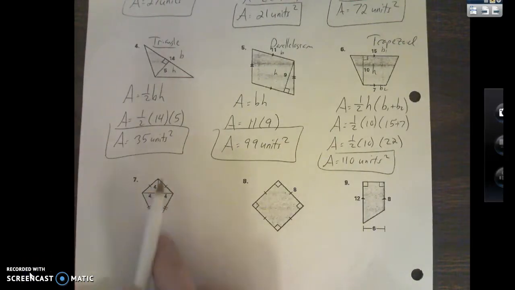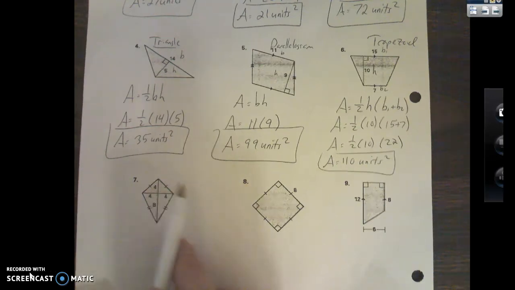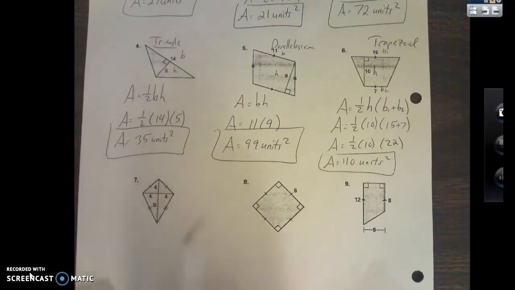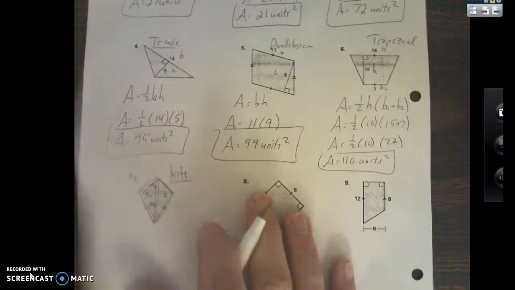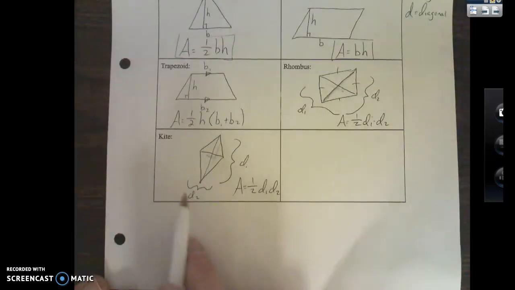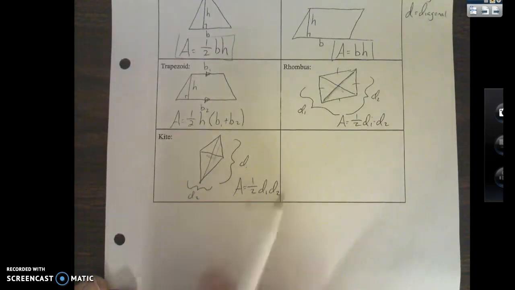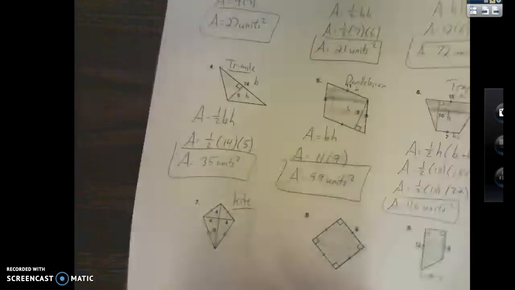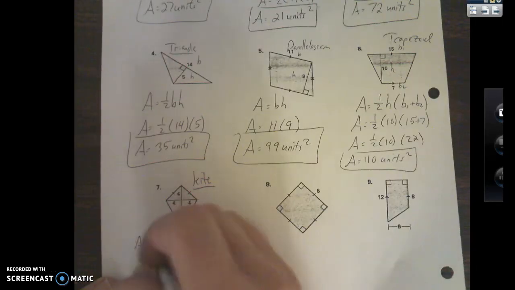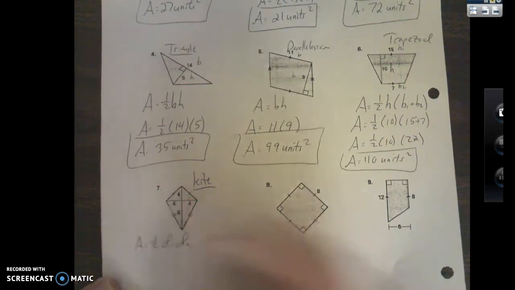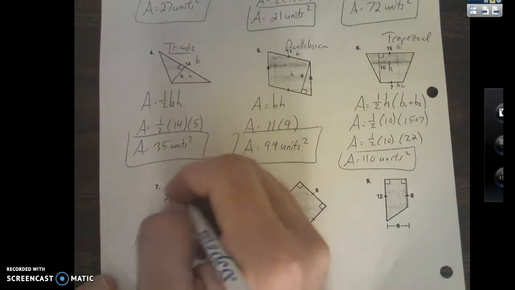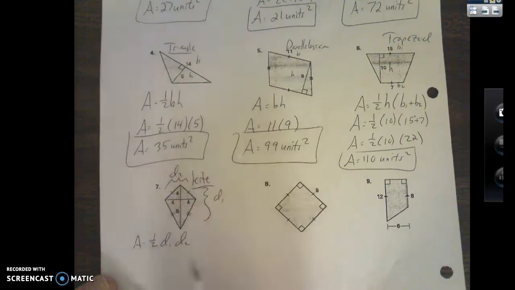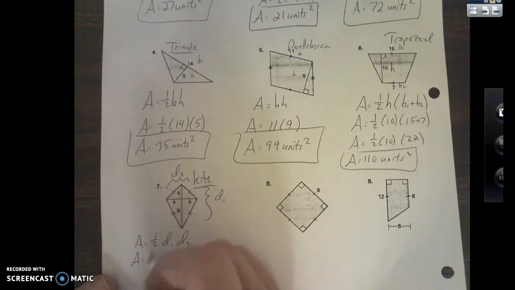Alright, awesome. Last three. This shape. Okay, so I've got one pair of congruent sides next to each other and another pair right there. It's like a diamond pulled down. This is actually going to be a kite. Okay, so if I come over here, the area of a kite is 1/2 D1 times D2. Alright, this is the tricky one. It's not that tricky once you get the pattern down. Alright, your diagonal is the full length across. So, guys, think about this with me, okay?